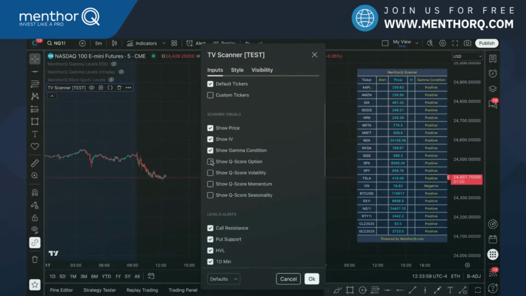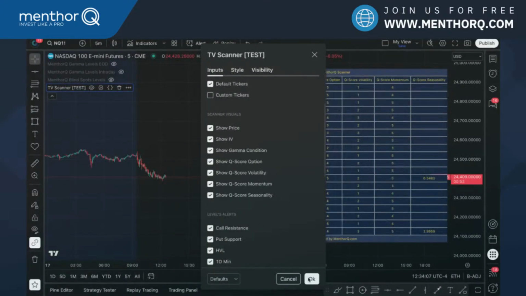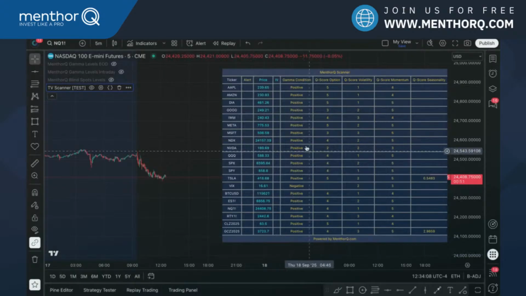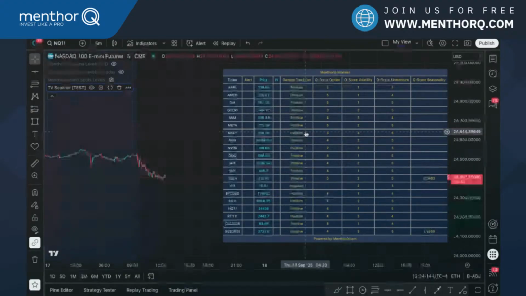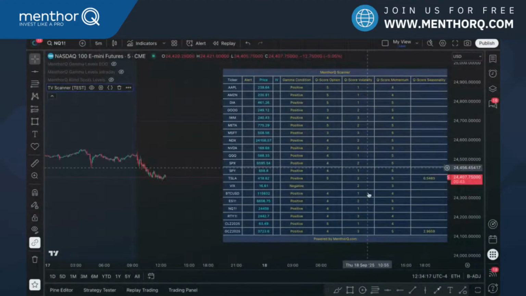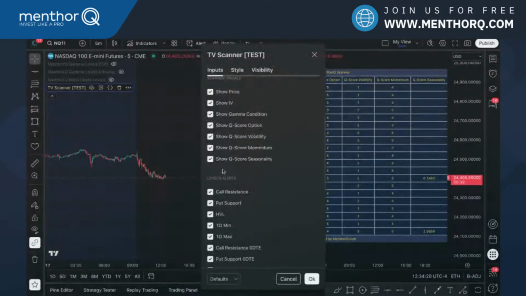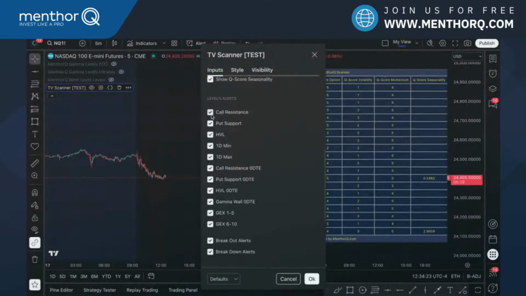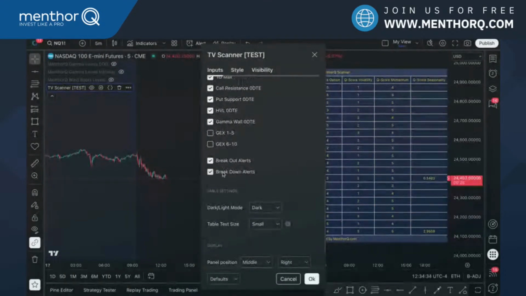You can also show our different data points. So we are actually going to be able to add our Q scores directly into the watch list. So here you can monitor the different assets in real time. Are we in a positive or negative gamma condition? What is the Q score of these different assets right here? You can add, remove, etc. You can also be alerted on any level. So if you want all of them, if you just want the major ones, the primary levels, and you can also be alerted on breakouts or breakdowns.